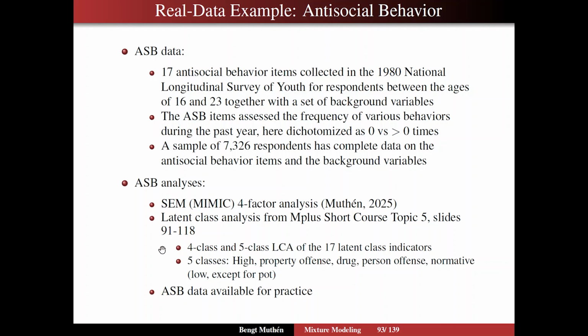The 5 classes are high on all items, high on property offense items, drug items, person offense, normative, that is low on all items except for pot. And these data are available here for you to practice with.